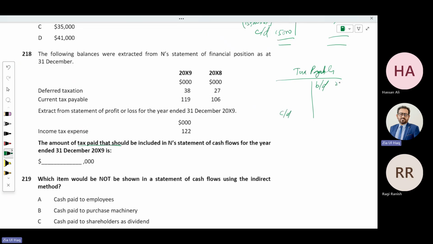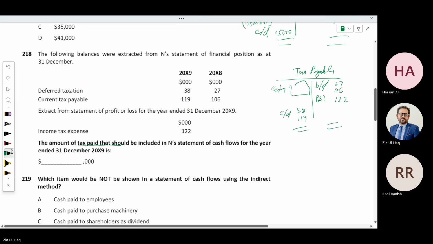What are the brought down balances? 27 and 106. What are the carry down balances? 38 and 119. Extract from statement of profit or loss for the year ending 31st December: income tax expense to P&L they charge 122. So the balancing figure is cash. How much is that?